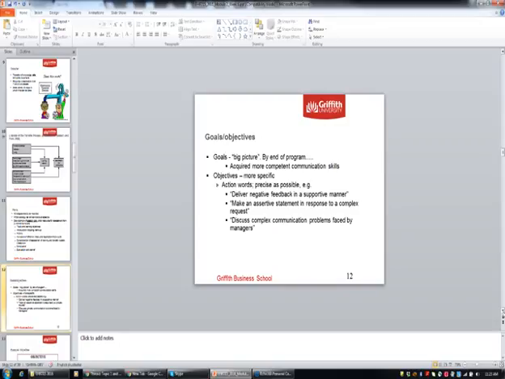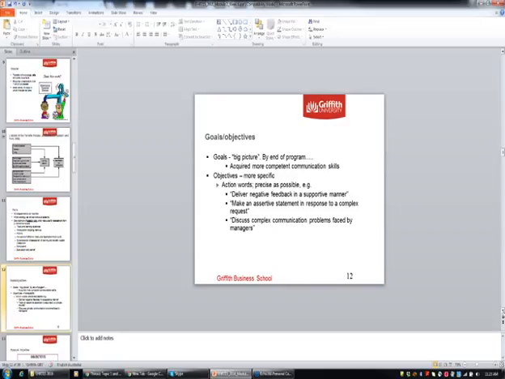So you need to be able to think of ways of assessing that. You might be looking at non-verbal and verbal skills in a role play situation. Another one: make an assertive statement in response to a complex request. So you'd have to teach what an assertive statement is and then see in a role play situation whether a person can actually do that.